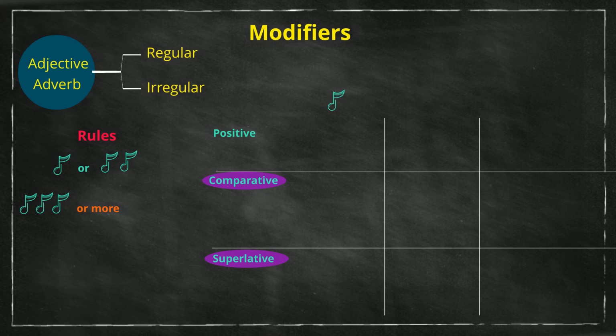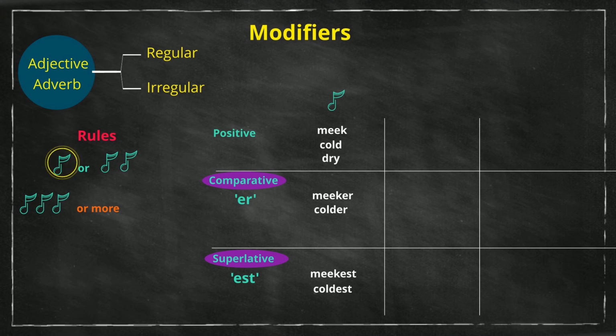Most 1-syllable modifiers form the comparative degree by adding ER and the superlative degree by adding EST. For example, meek, meeker, meekest. Cold, colder, coldest. Dry, drier, driest.